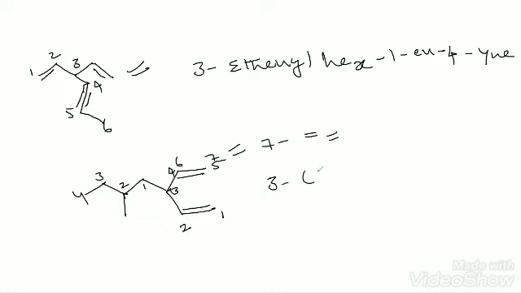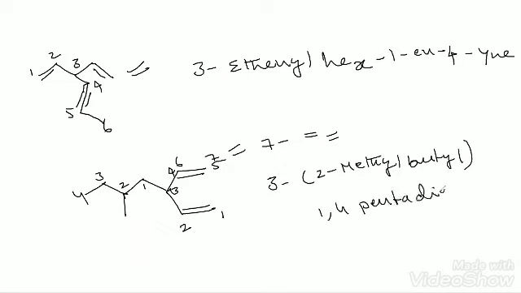At the third position, methyl. And how many carbons do you have? 1, 2, 3, 4: 3-methyl, butyl. And in the parent chain we have 5 carbons, 1,4-pentadiene. So this is the name of this compound. Okay. Hope this is useful in giving names for this compound. Okay. Thank you.